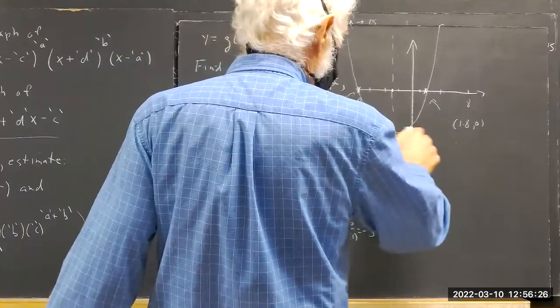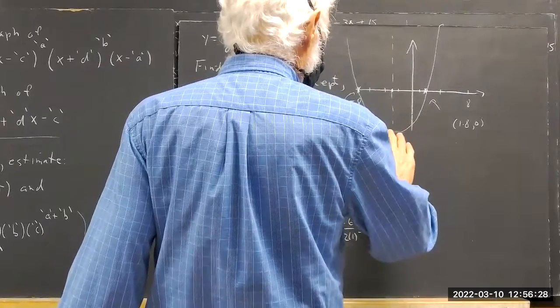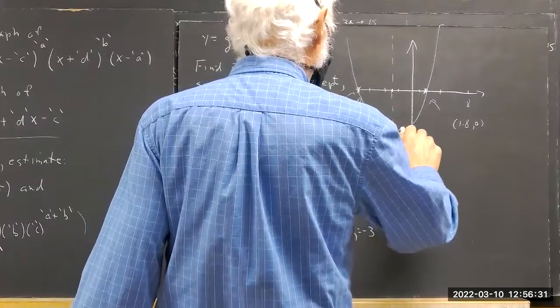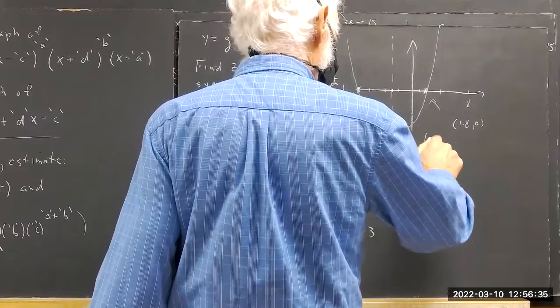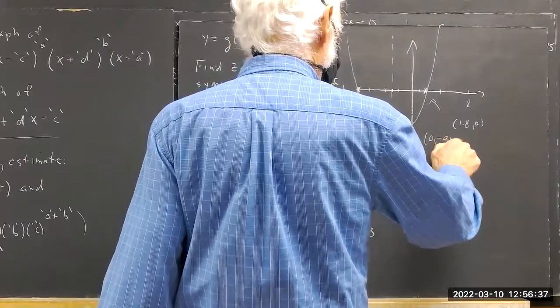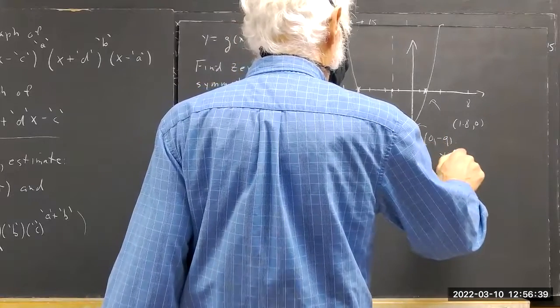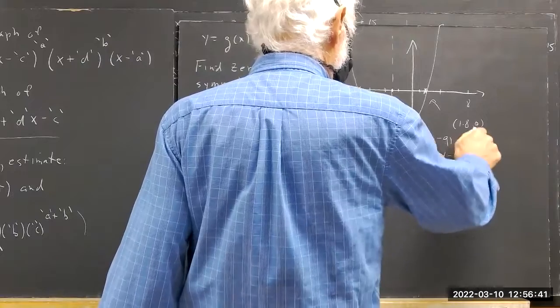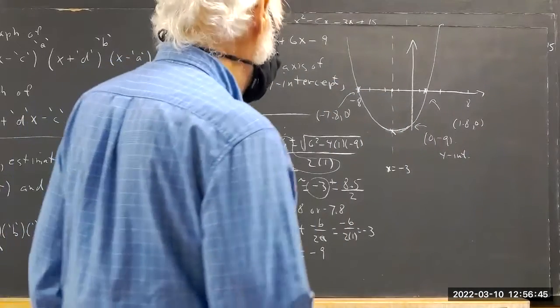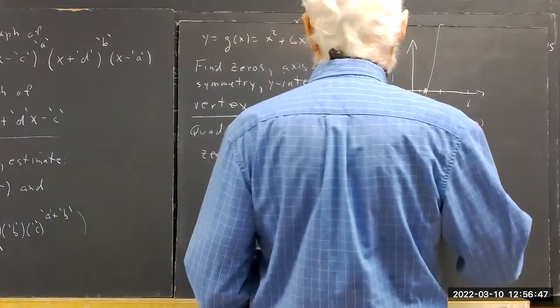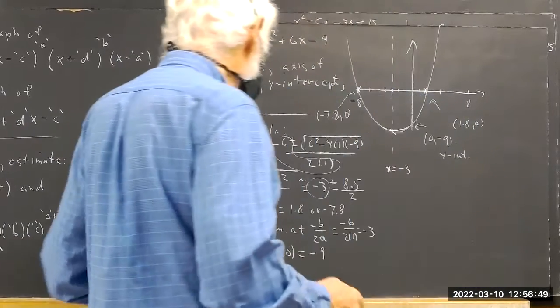Of course, my vertex is kind of missed. Let's put a point here. That's the vertex. And here is the point 0, negative 9. That's our y-intercept. These are the zeros. I'm not going to write that on the picture, that's not a good place to write them.